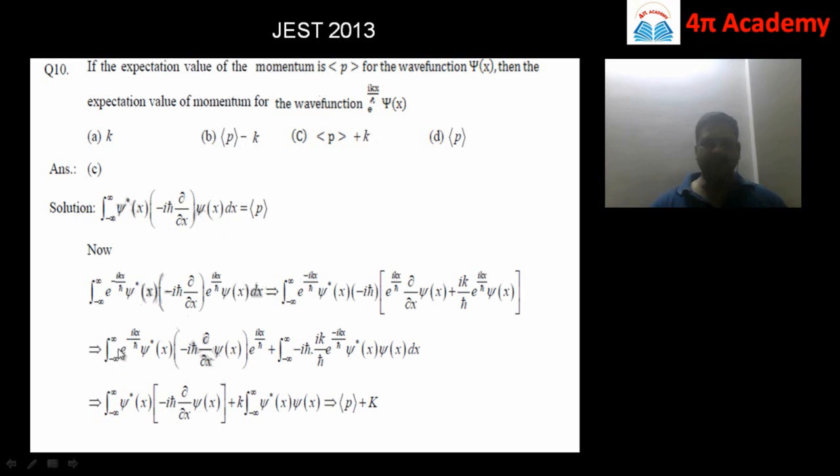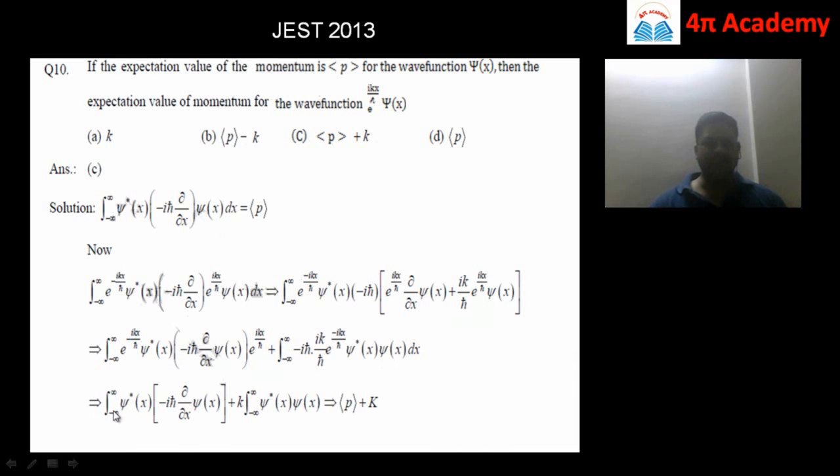So this will be integration from minus infinity to infinity e raised to power minus ikx upon h cross into psi star of x into minus ih cross del del x of psi of x into e raised to power ikx upon h cross, plus minus ih cross into ik upon h cross into e raised to power ikx upon h cross into psi of x, and let us multiply psi star of x by this, so it will be psi star of x into psi of x dx.